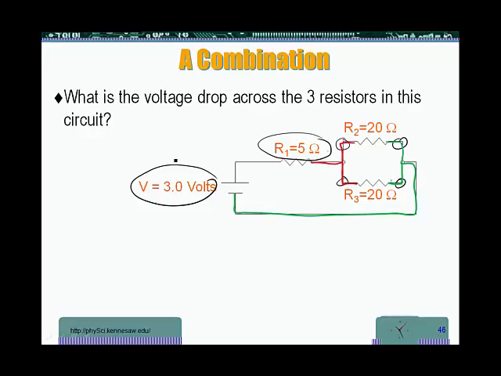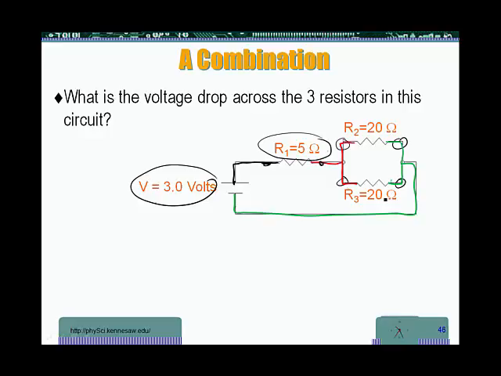To do that, essentially we need to find the voltage drop across R1, which is going from this side that's black to the red, the voltage drop across R2, and the voltage drop across R3. We just talked a minute ago about the fact that the voltage drop across R2 is the same as the voltage drop across R3. So essentially we have to find just two of them.